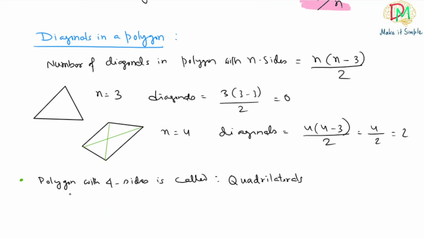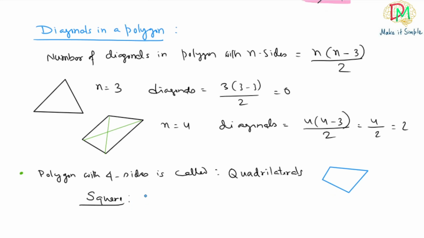Next we learn the different shape names of polygons. The polygon with 4 sides is called a quadrilateral, and there are special quadrilaterals also. Before that we take one example of a quadrilateral. So this is a quadrilateral. First is square.